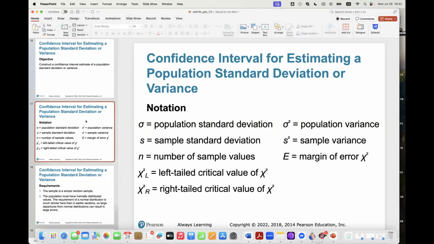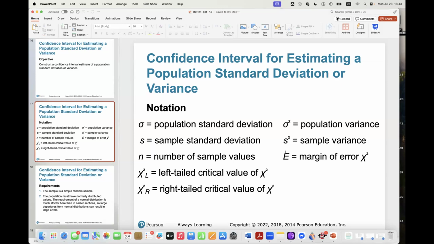If you want to find this confidence interval for estimating a population standard deviation or variance, we must know these notations. The first one, sigma, is the population standard deviation. Sigma squared is the population variance. s stands for the sample standard deviation, and s squared is the sample variance. n here is the number of sample values. E is the margin of error.